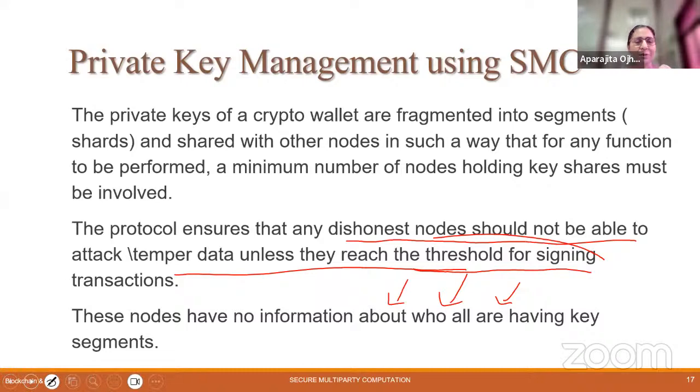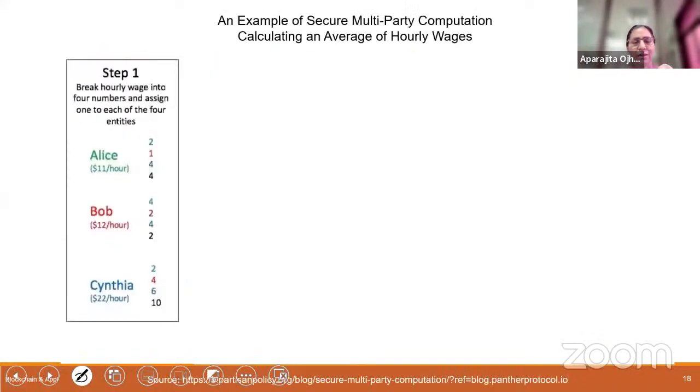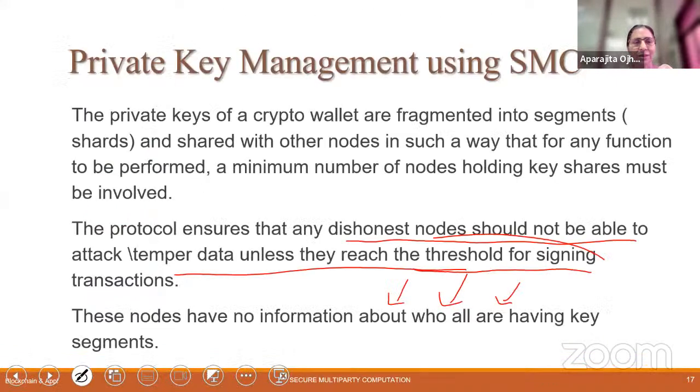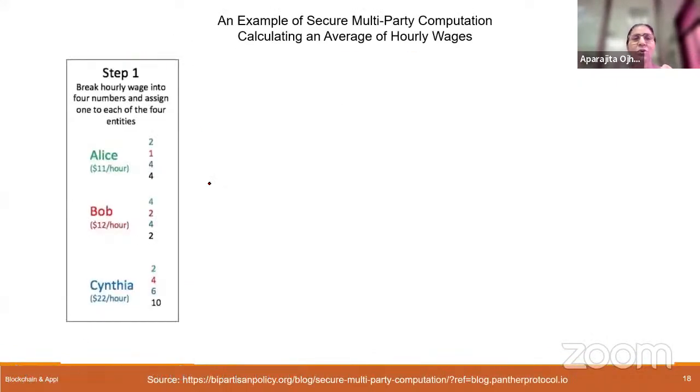So a lot of people are promoting this idea of using SMC for this. Let me give you an example taken from some source of how private key management is done. Suppose Alice, Bob, and Cynthia would like to know, as I told you, about their salary: who is getting more, who is getting less, whether I'm getting less than the average employee salary or not.